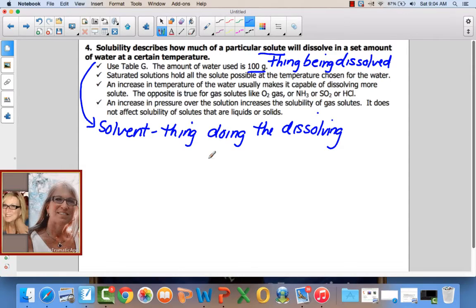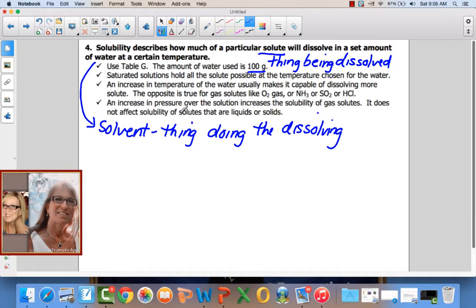That's what this is saying. Now, generally speaking, as we increase temperature of the water, we can increase the amount of solute that dissolves. However, this is not true for gases. As we increase the temperature of a gas, the amount of solute we can dissolve decreases.